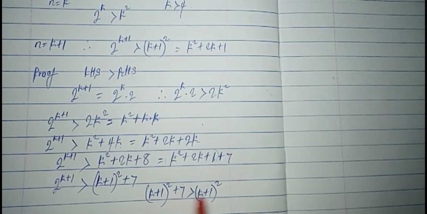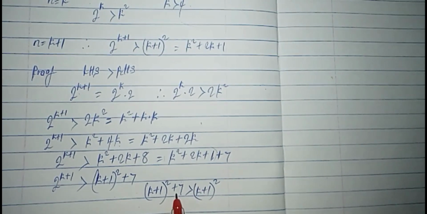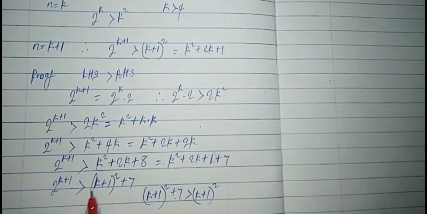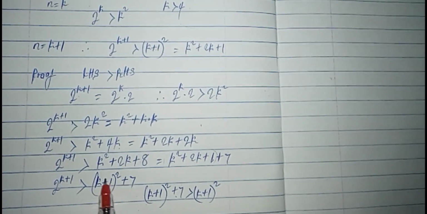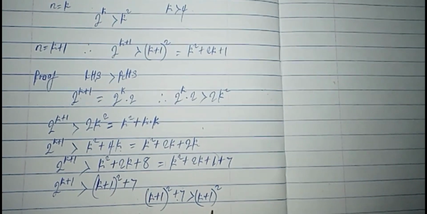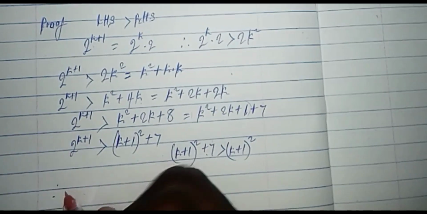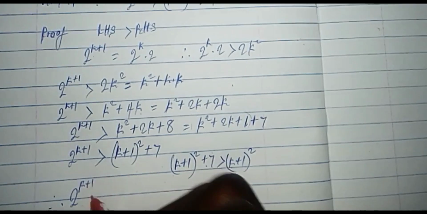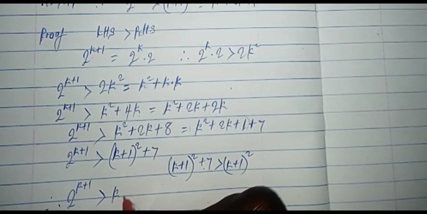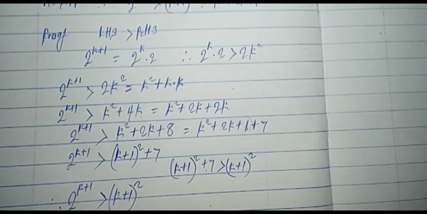Of course, this is greater than this naturally because of the plus 7 on the left hand side. So if 2 raised to the power k plus 1 is greater than this, and this is greater than this, then I can deduce that 2 raised to the power k plus 1 is greater than k plus 1 squared. So this is what we're asked to prove for n equals k plus 1.